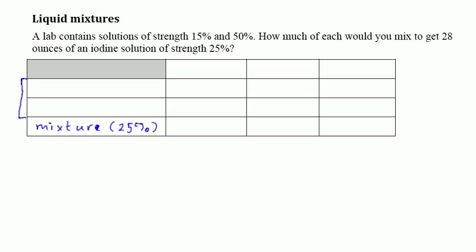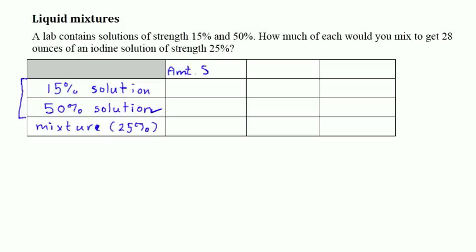and my two components are the 15% solution and the 50% solution. Now for my column labels, just like with the dry mixture, I do start with amount, but this time it's specifically amount of solution.